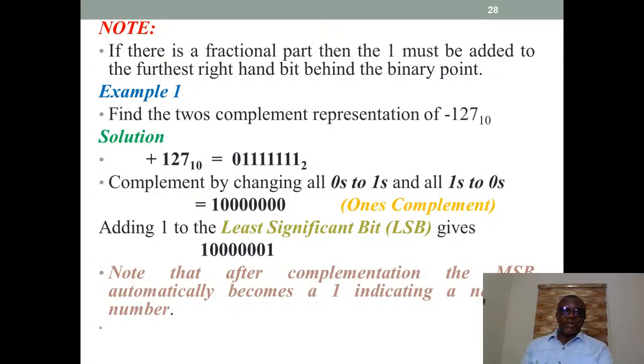You see, we have to say plus 127 because the first step is to convert the positive equivalent of that number. So if we do that, we have 1111111.